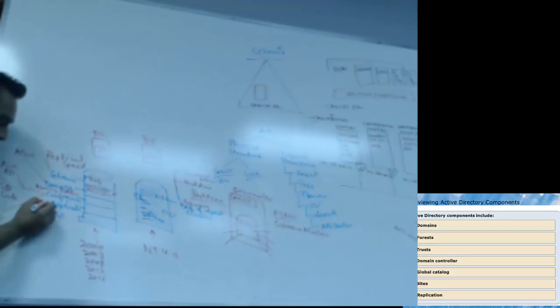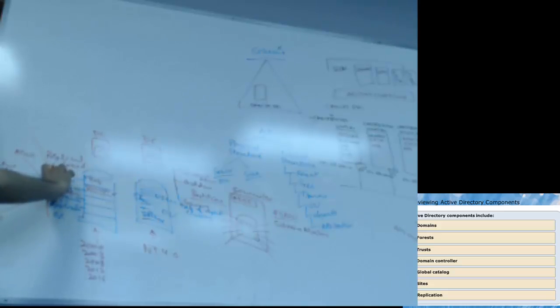And then these are two optional partitions. These are three must-have partitions, and these are two optional partitions. Now, they used to be optional in the days of 2003, especially GC, the Global Catalog. Nowadays GC is mandatory; you will see GC on all DCs.